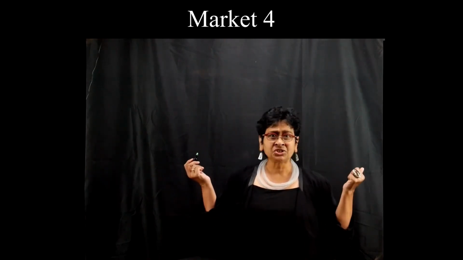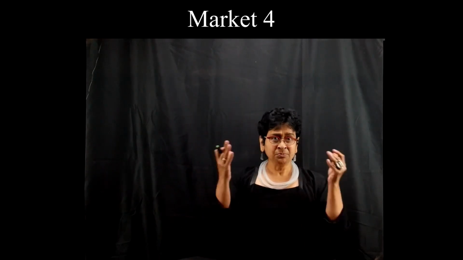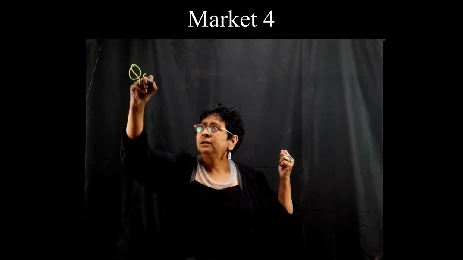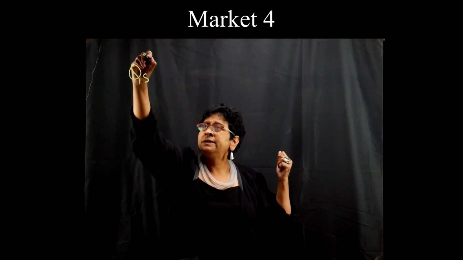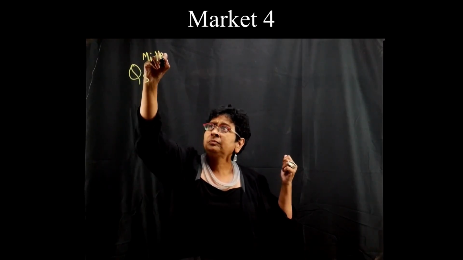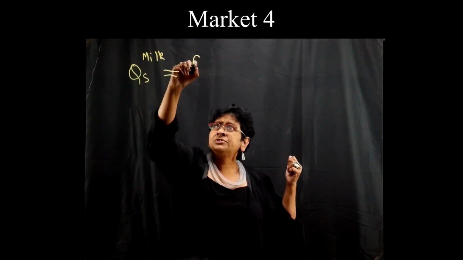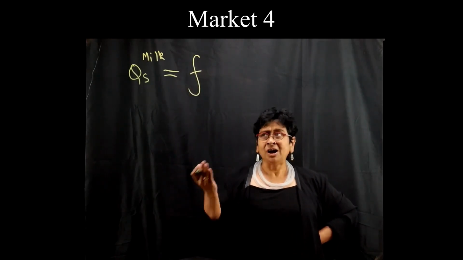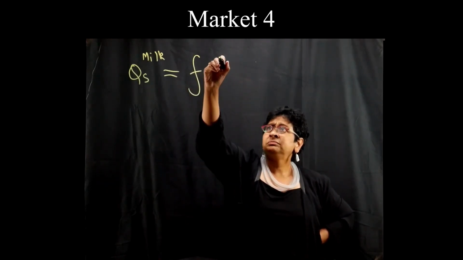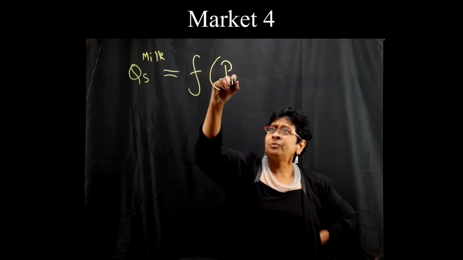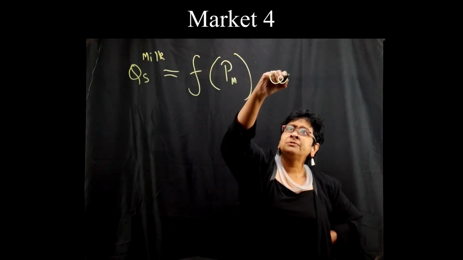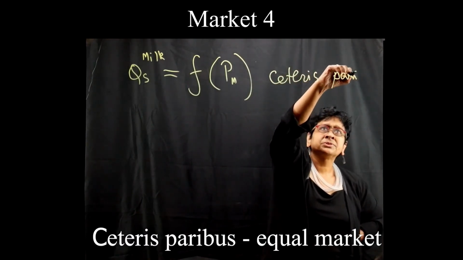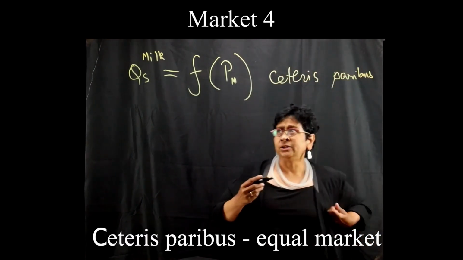And here, let's say we are going to look at these producers, and we are interested in the quantity supplied, in this case of milk. The producers make a decision of how much milk they want to supply based on the price of milk. And as before, we're going to say ceteris paribus, other things equal.